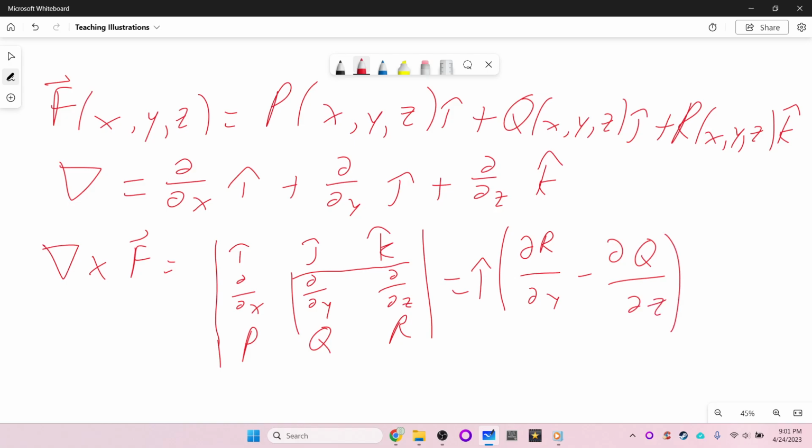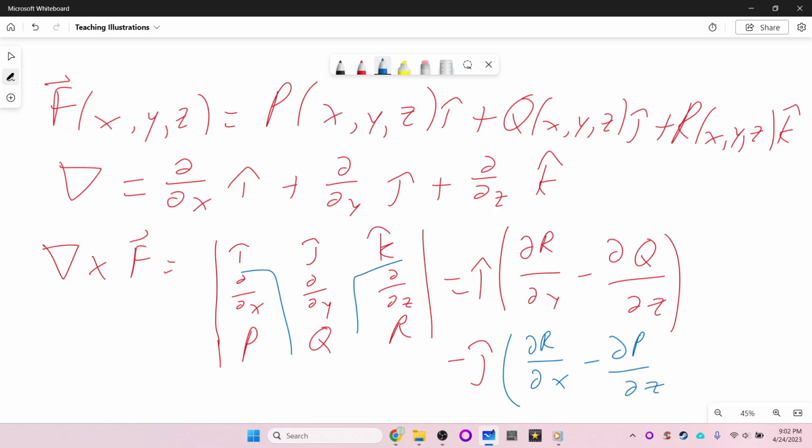Did I have that right? Yeah, it's wrong in my notes, but what I'm writing here is correct. Okay. Minus j hat, and then it would be these two pieces, del r del x minus del p del z.